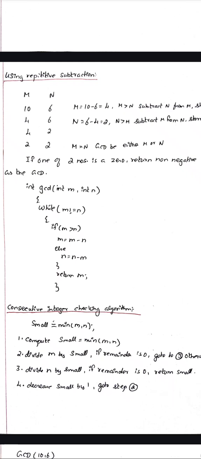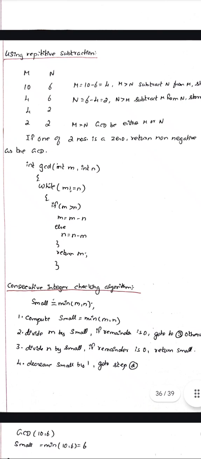Then if this can happen, n minus m, 6 minus 4 is 2. Yes, m equals n. The GCD will be either m or n. If one of the two numbers is 0, return the non-negative value as the GCD. Since both are 2, we have 2 as our GCD.